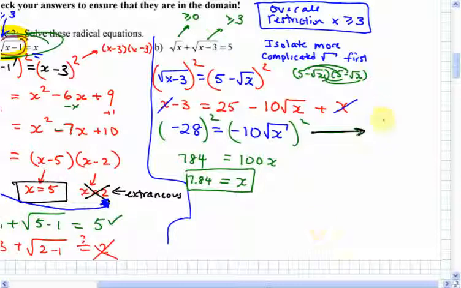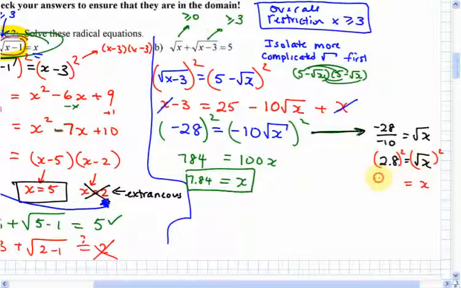If I wanted to do that, I would take negative 28, divide that by negative 10, and that means now I've isolated the square root. Well, what's 28 divided by 10? That's 2.8. So now if you left it like this, yes, you can square both sides. But if you square both sides, you get the same answer. x is still 7.84. Same. It's up to you which method you like. It doesn't matter to me.